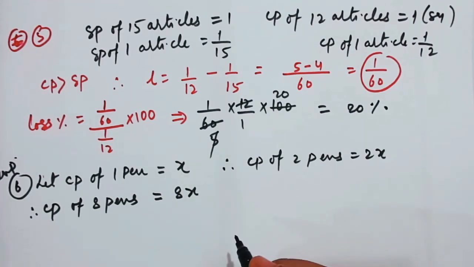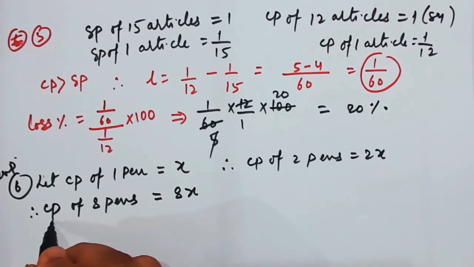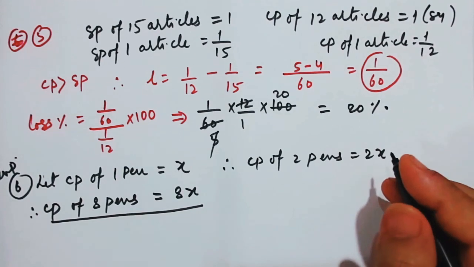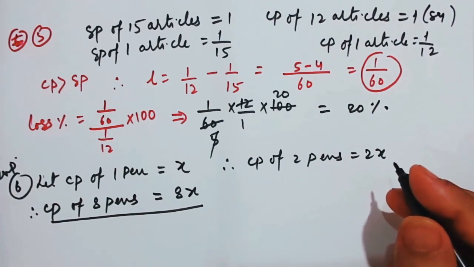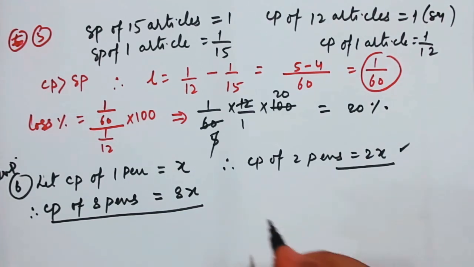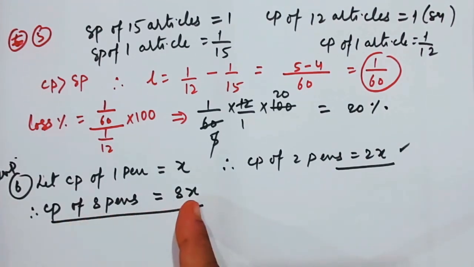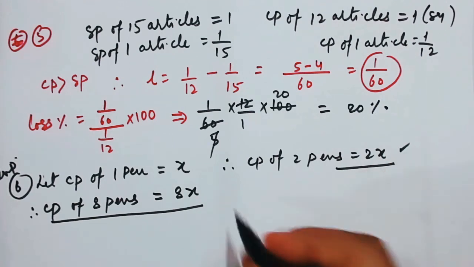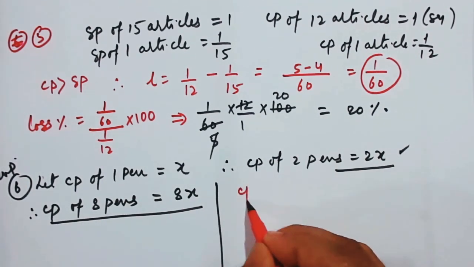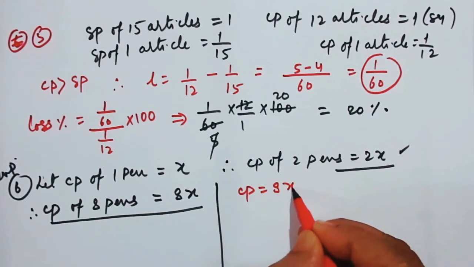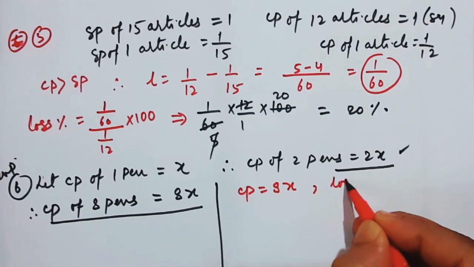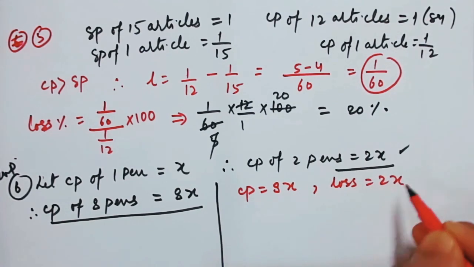Have a look here. By selling 8 pens, Shyam loses an amount equal to the cost price of 2 pens. So the cost price is equal to 8x and loss is equal to 2x.